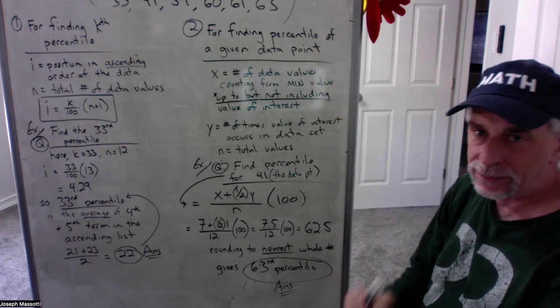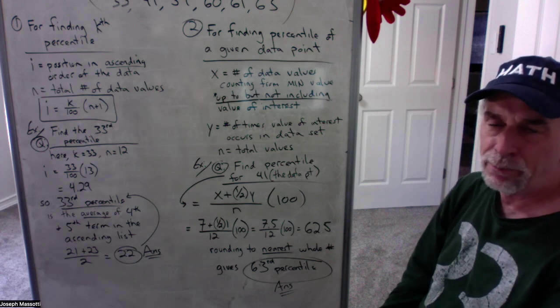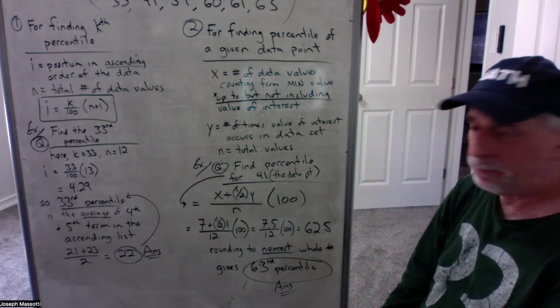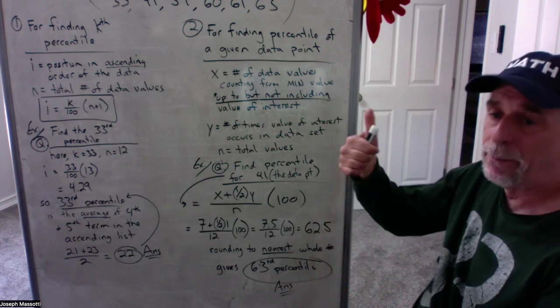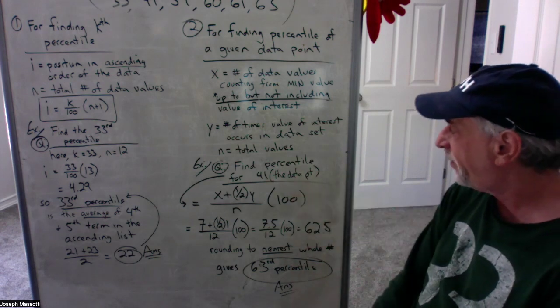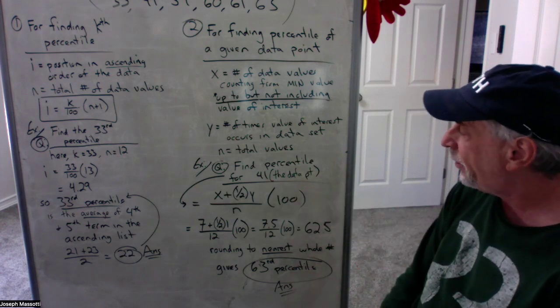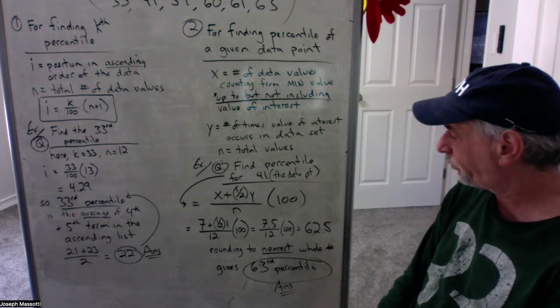Please get that right. So again, a detail, a basic, a little thing, but it's important. It bugs me when people don't round correctly. So 62.5, you round up to 63. And our answer to the question, find the percentile for the data value of 41, is the 63rd percentile.